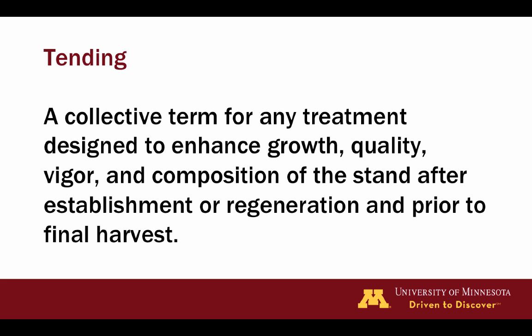Tending is this term for enhancing the growth, quality, and composition of the stand after establishment or regeneration, but prior to the final harvest. So with tending, you're focusing on the overstory trees that are already established. So you're not focused on establishing a new cohort. So you're focusing on what's already there.